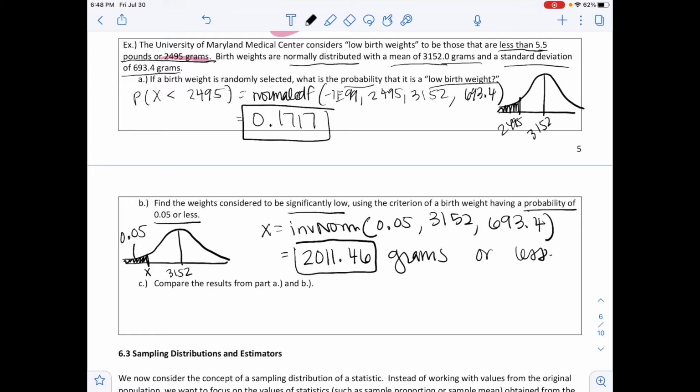So we can say that the birth weight the hospital considered to be a low birth weight is not significant.